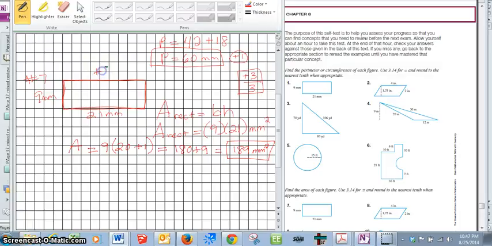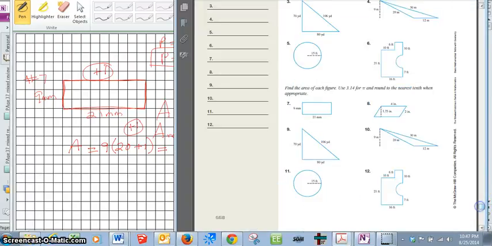So I've helped you earn 1 point for the diagram, 1 for the setup, and 1 for an accurate answer. There's 6 out of 6 points ready for you to collect.